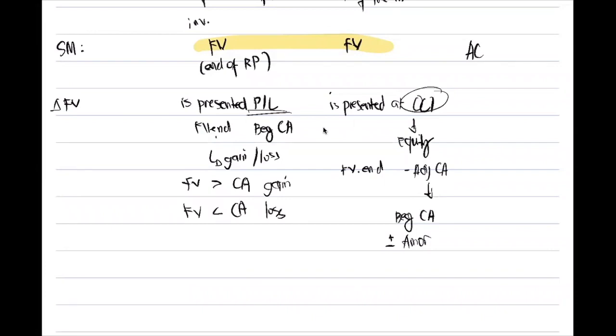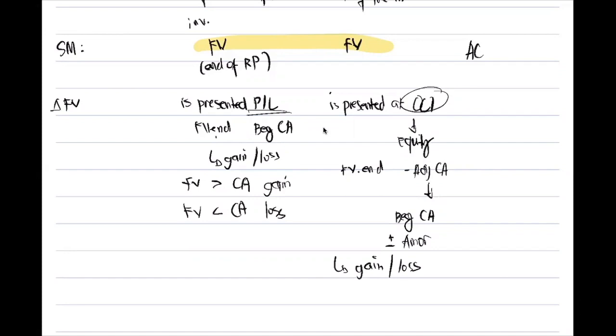Interest income less interest received less principal repayment. That is the amount of your amortization. You add or deduct it. Either it is a positive amortization if you add, you deduct if that is a negative amortization. Okay? And then you compute for the gain or loss, which is now presented in your OCI.